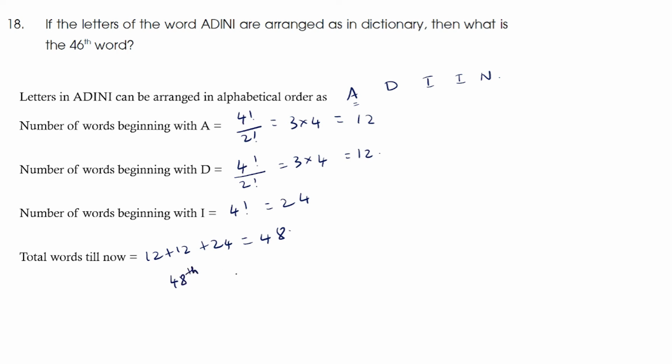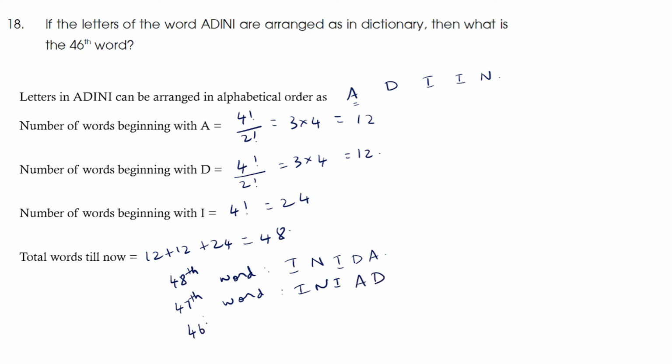So the 48th word will be the last word starting with I. It means it will have I, then N, then I, then D and A. Then the previous word, the 47th word, will be INIAD.